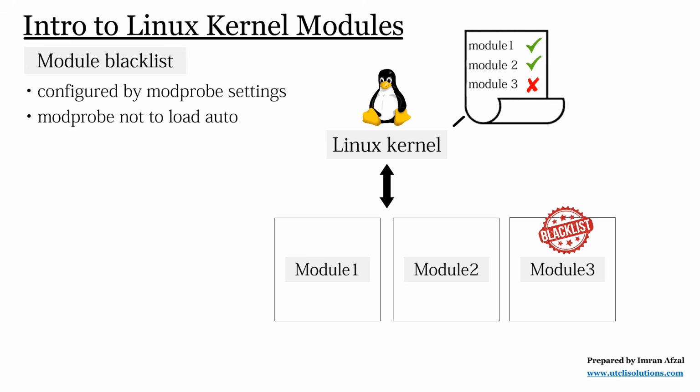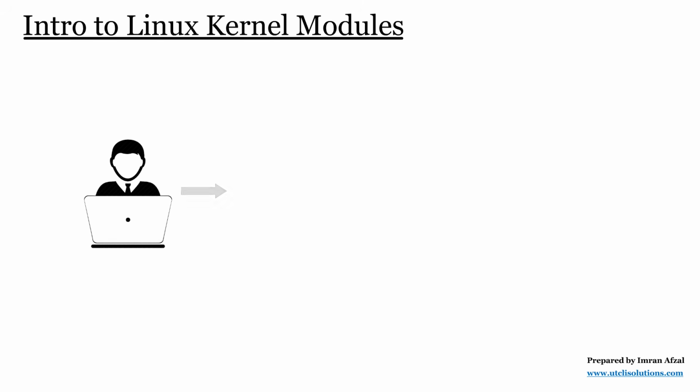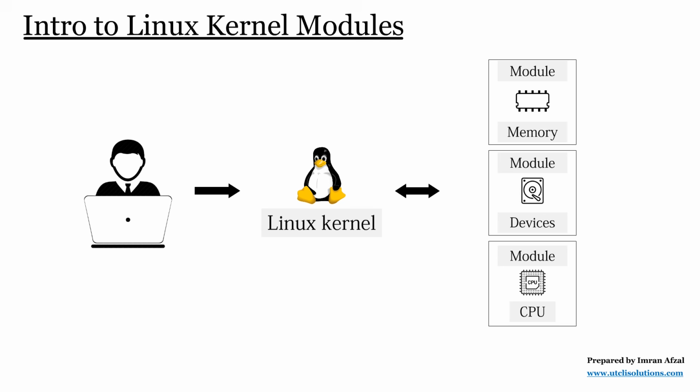The module file still exists on the system, but it is ignored unless manually forced. Blacklisting does not modify the kernel and does not delete any files. It simply controls module behavior at load time. This gives administrators precise control over which kernel features are allowed to become active.